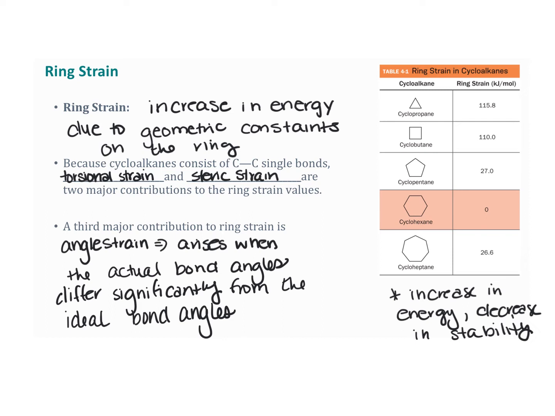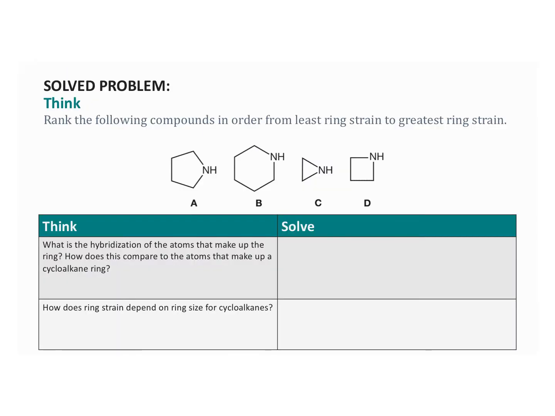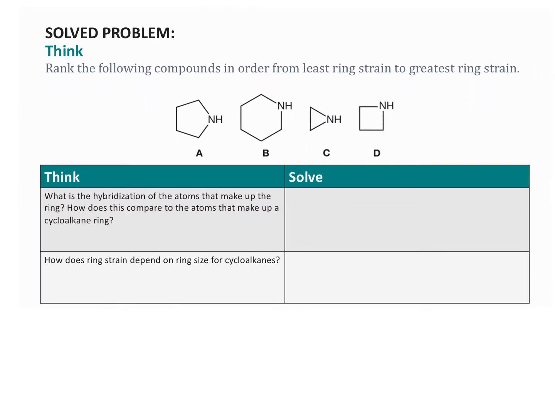Now, one of the questions that you might be concerned with is, how do heteroatoms affect this? So let's do a sample problem. We are going to rank the following compounds in order from least ring strain to greatest ring strain. Now, notice these are all single bonds, and notice that they are not all carbon. Now we have some nitrogen that are involved here. And so here's some questions that you need to ask yourself.